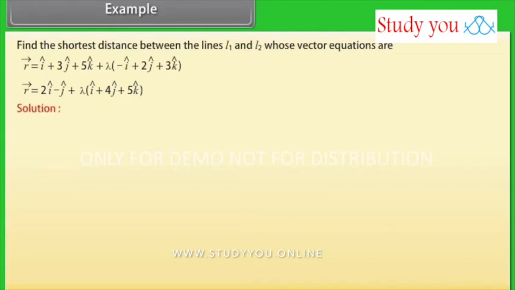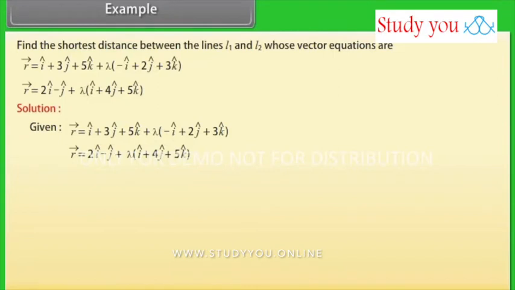Solution: given vector r equals i cap plus 3 j cap plus 5 k cap plus lambda times (minus i cap plus 2 j cap plus 3 k cap), and vector r equals 2 i cap minus j cap plus mu times (i cap plus 4 j cap plus 5 k cap).